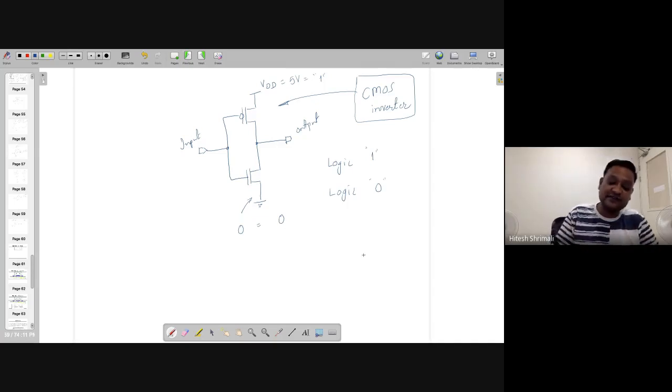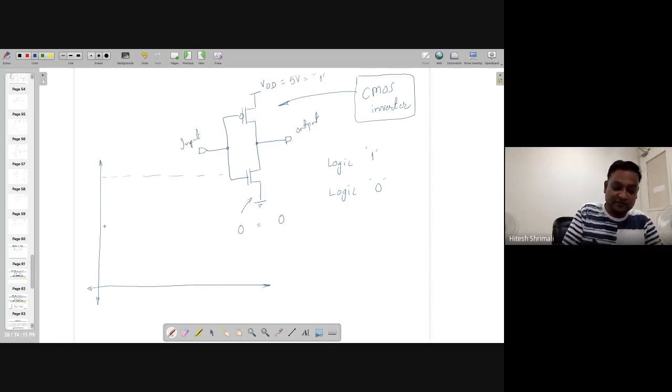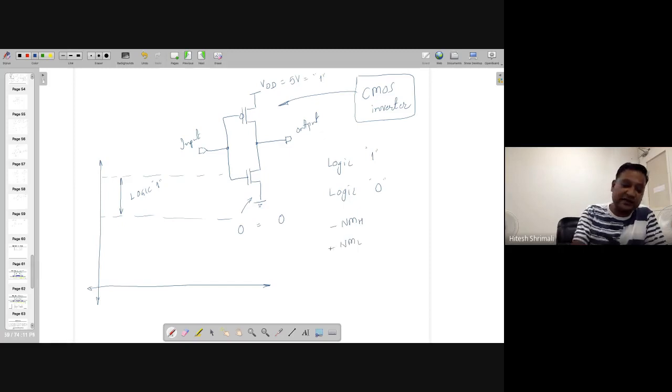Actually there is a range of voltage which defines that it's a logic 1. You have some margin which you define as logic 1, and through this you can define noise margin high or noise margin low. Noise margin high refers to digital logic 1, and noise margin low is the reverse, so it's logic 0.